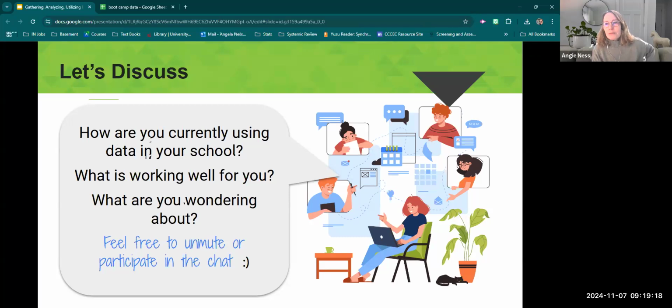Using data with MTSS, making sure you're doing it as effectively as possible. And it does get overwhelming, right? So again, narrowing down exactly what you're looking at, whether it's just failing grades or just attendance, because it's hard to keep track of it all if data is not something that you're really excited about.